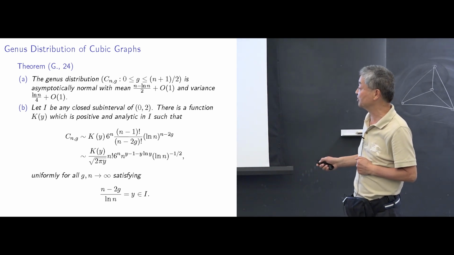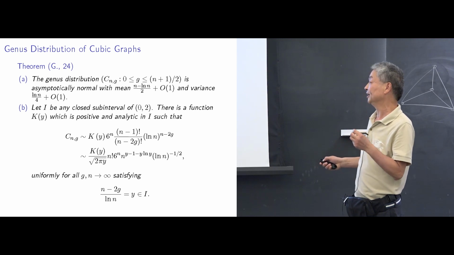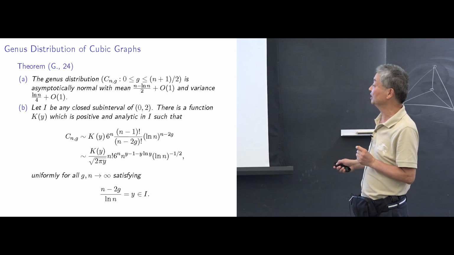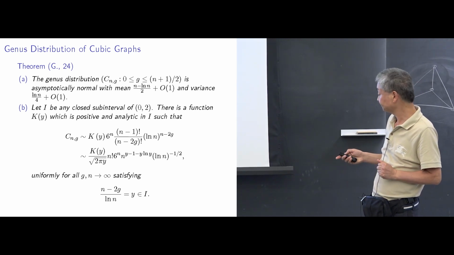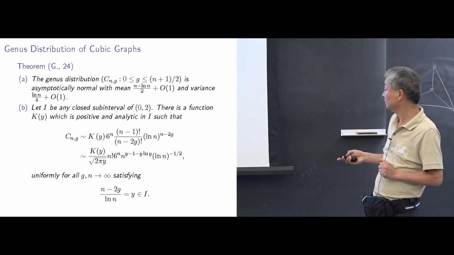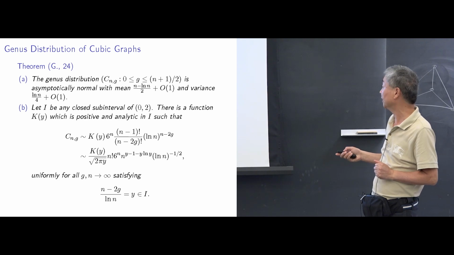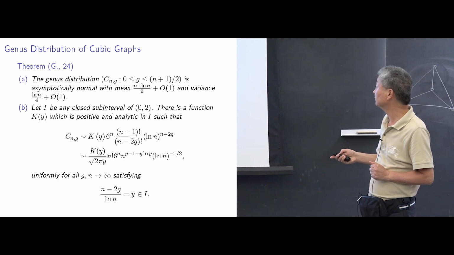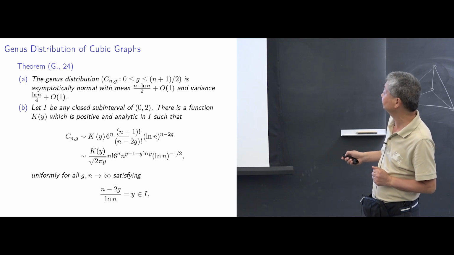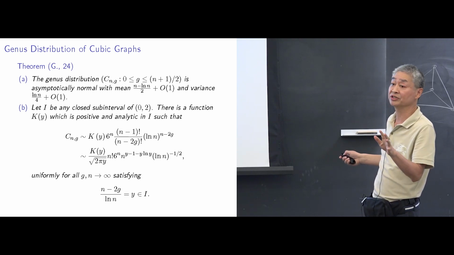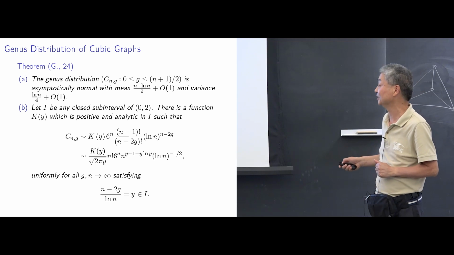But when both n and g go to infinity, usually this kind of asymptotic formula is not easy to obtain. People doing quantum physics, quantum gravity, are interested in this kind of thing.